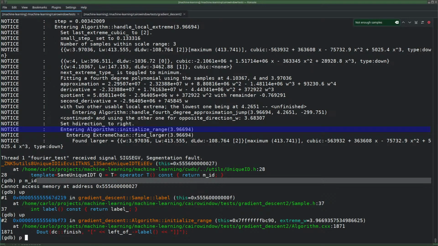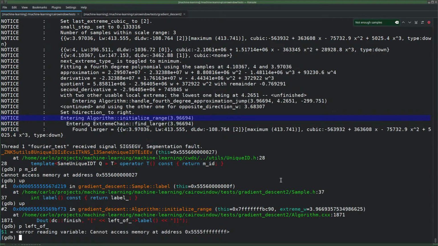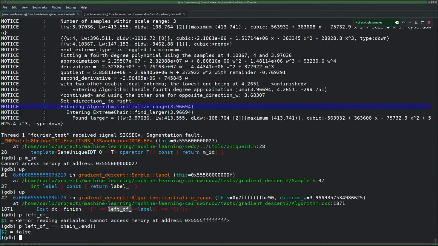The left of is nonsense. It's really nonsense.